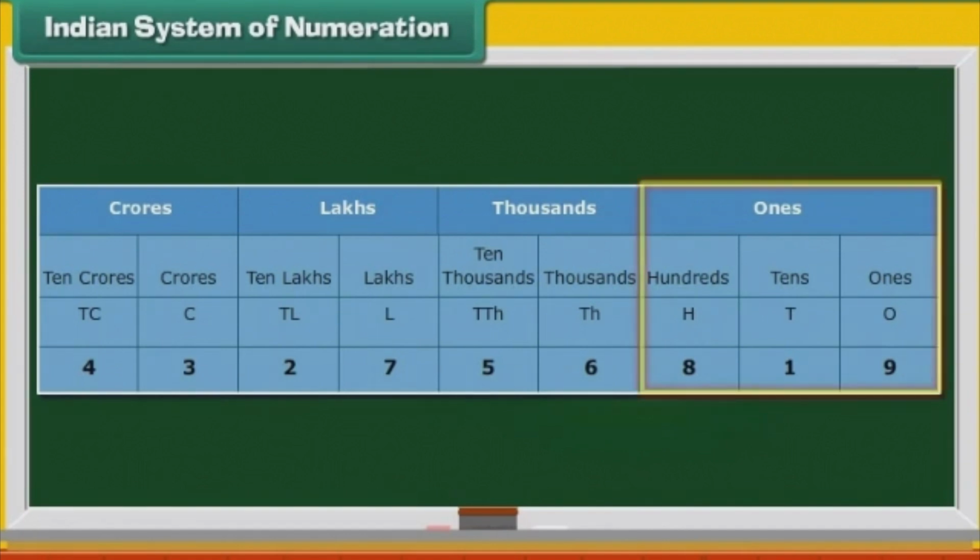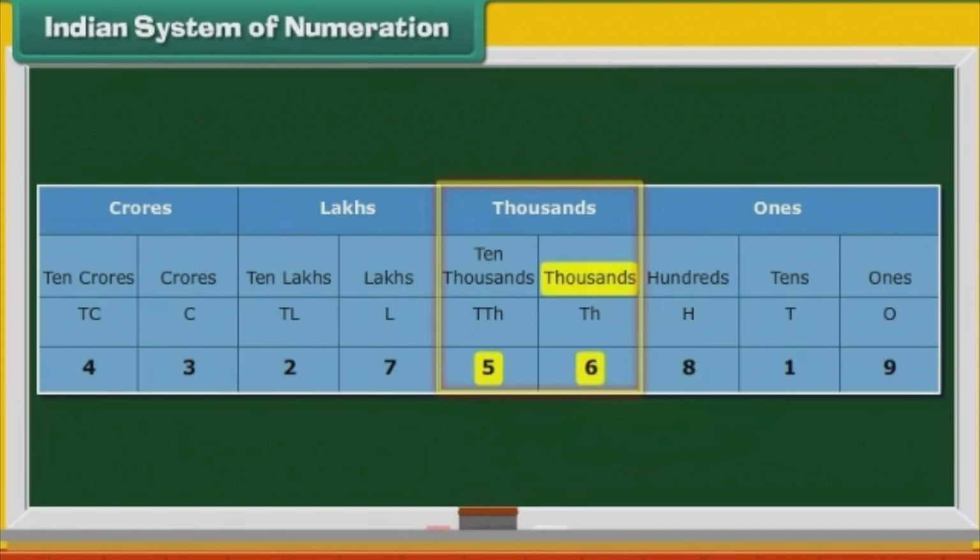Let us look at the Indian place value chart in detail. The ones group has 3 digits: 9, 1, and 8. Each of these digits has a specific place. They are ones, tens, and hundreds. Similarly, the thousands group has two digits, 6 and 5.